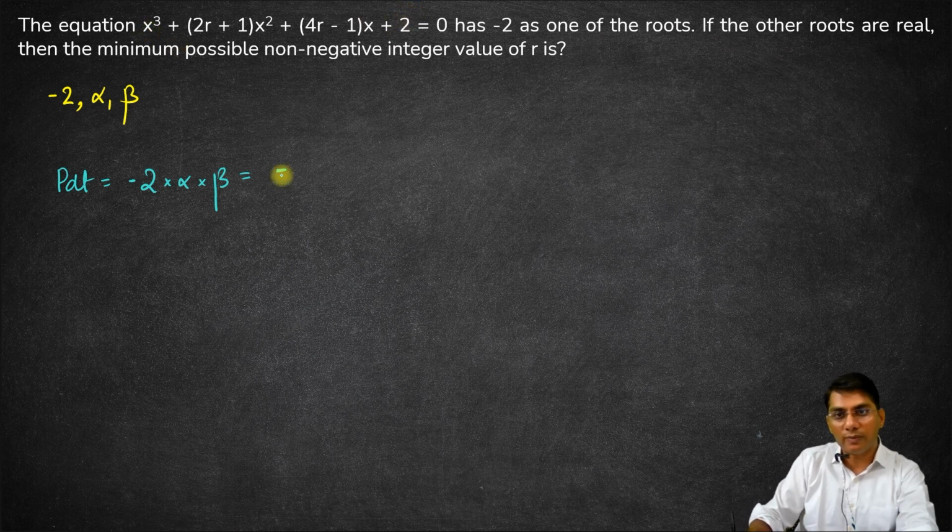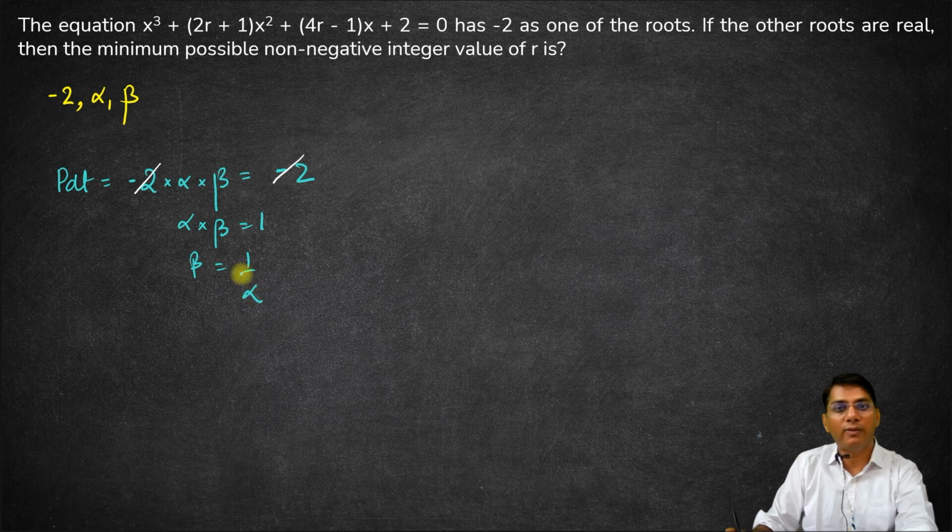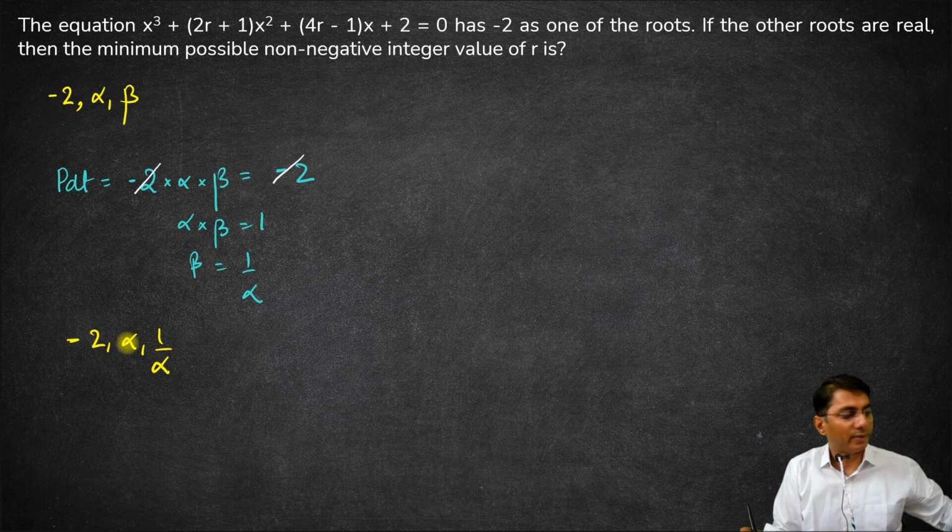So 2 upon 1, minus 2. So minus 2 cancels out. We have alpha into beta is 1. That means alpha is 1 upon beta, or beta is 1 upon alpha. Hence the roots of this equation are minus 2, alpha and 1 upon alpha. So the two remaining roots are basically reciprocal of each other.